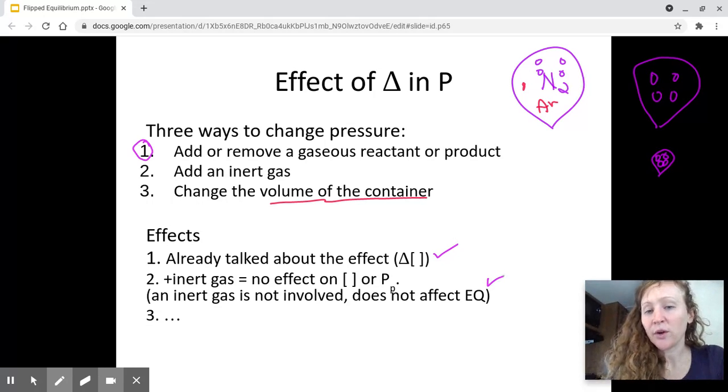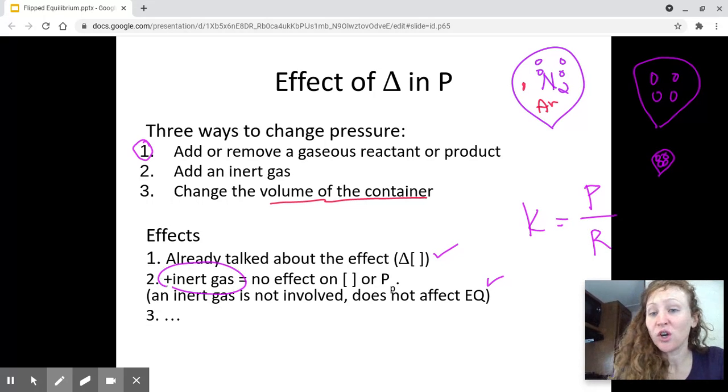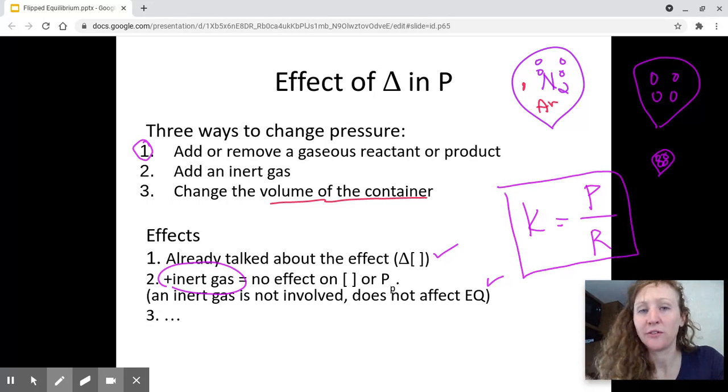Remember, we figure out where our equilibrium pressures are by this reactant versus product ratio. Well, if our inert gas is nowhere to be seen in this ratio, it will have no effect on equilibrium. So adding an inert gas has no effect.